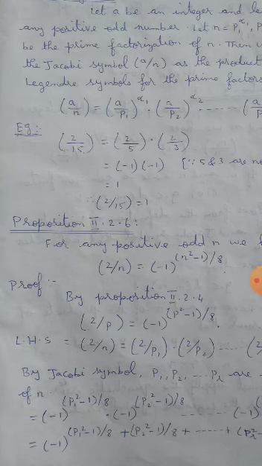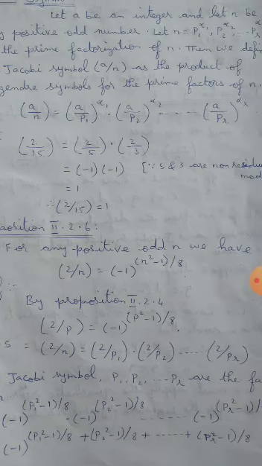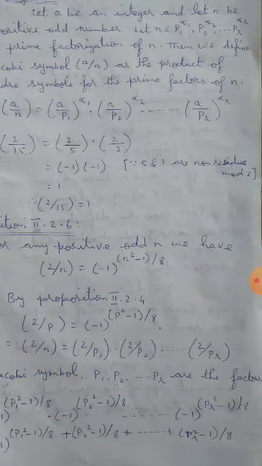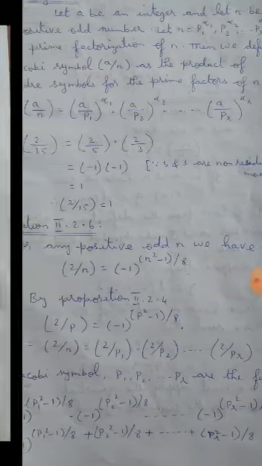By proposition 2.2.4, we have proved that (2/p) is equal to minus 1 whole power (p square minus 1) divided by 8. Let us take the LHS from the proposition, (2/n). By the Jacobi symbol, we write (2/n) as (2/p1) times (2/p2) etc. (2/pr), where p1, p2, pr are the factors.